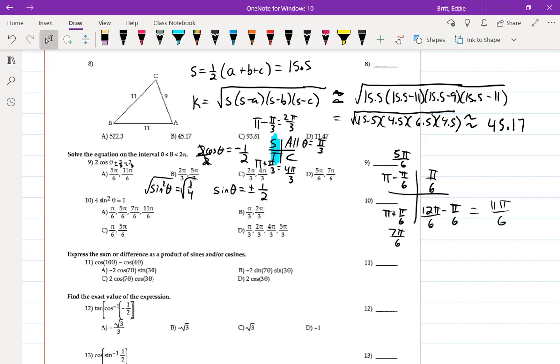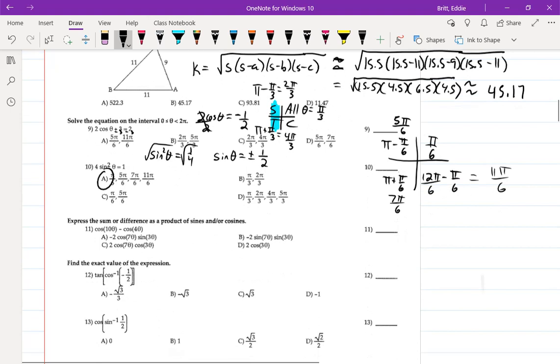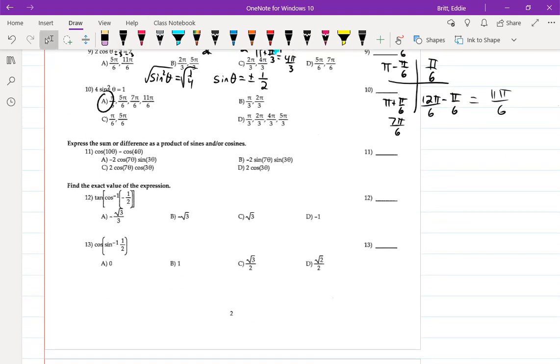All right, so it's this one right here. The next problem is a sum or difference problem. It says express the sum or difference as a product of sines and or cosines. So we need to look at our formula sheet. So we have a difference and we want to change it to a product.